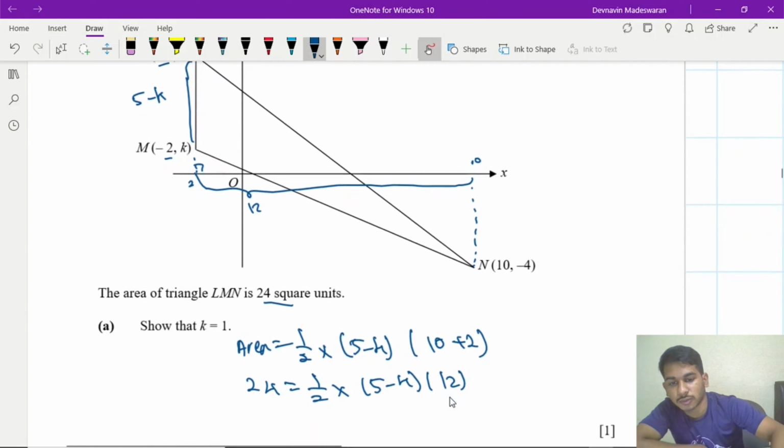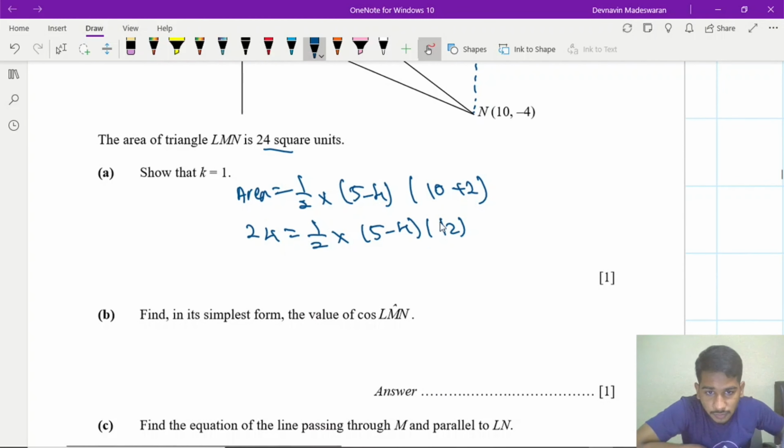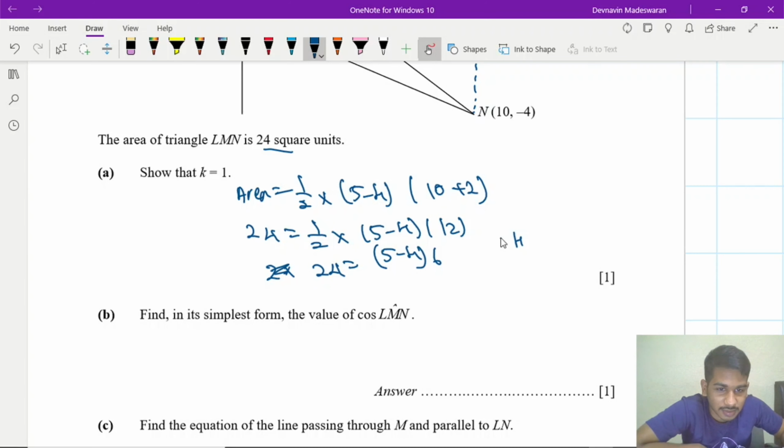Okay, let's not do it that badly. 24 is equal to 12 divided by 2, which is 6, times 5 minus K. So 5 minus K is equal to 24 divided by 6, which is 4. So K is equal to 1.